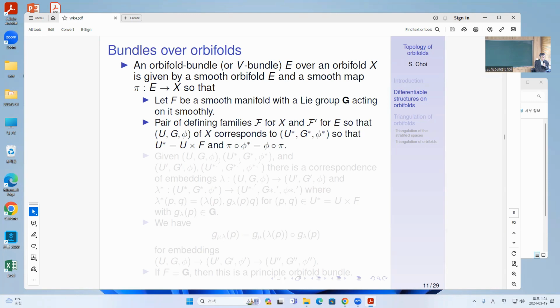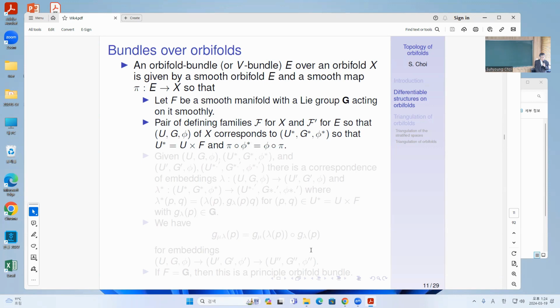And then a pair of a defining family for X and F prime of X, so that (U, G, phi) is an orbifold model for X, and then (U star, G star, phi star) where U star is U times F, and pi star is equal to pi circle pi.